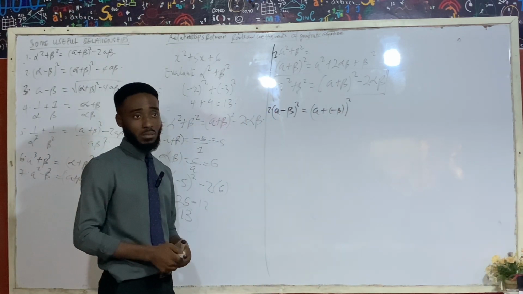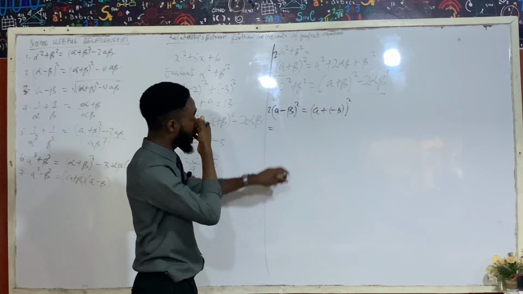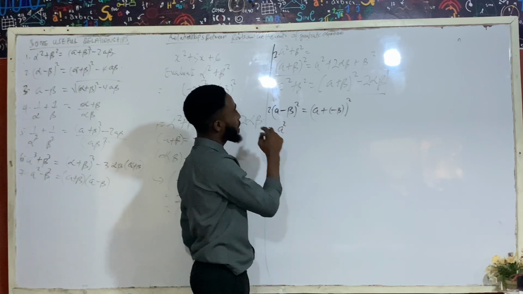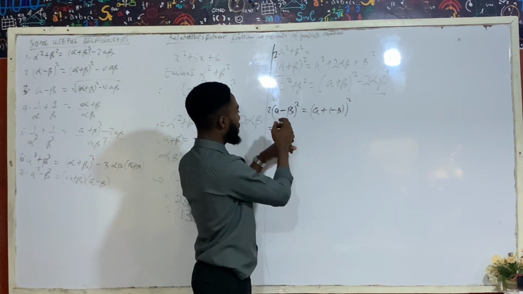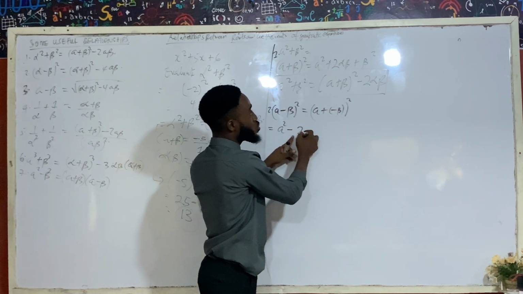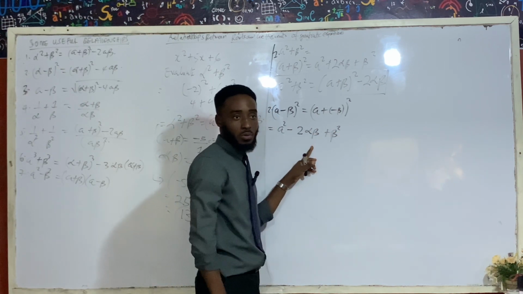Does that make sense? Okay. So this will be equal to alpha squared, substituting it into this form, alpha squared minus 2 alpha beta plus beta squared. Do you agree on that?